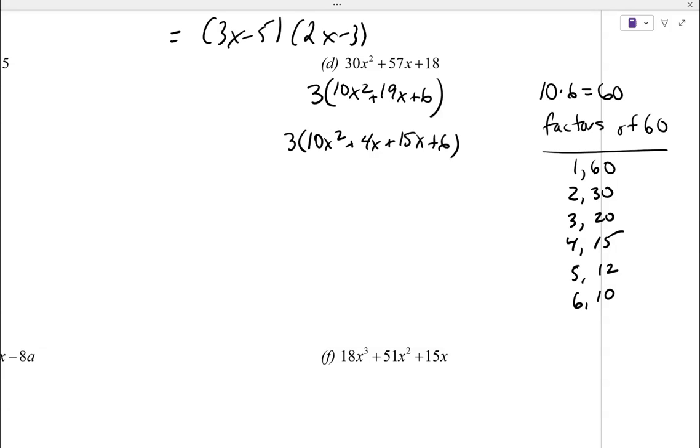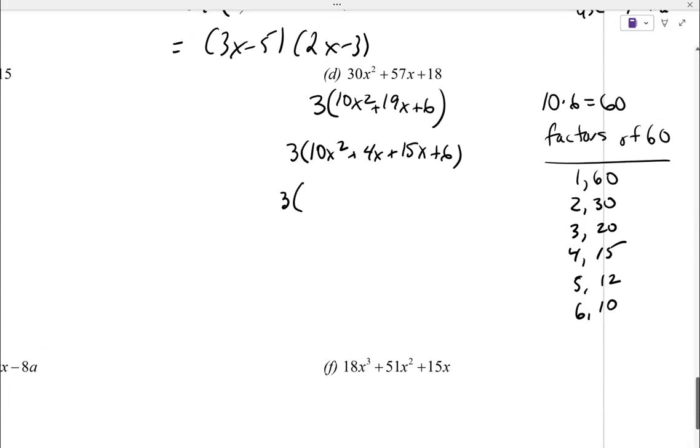And now we do the factor by grouping bit. Looking at the first two terms, what can you factor out? A 2 and an x. Factor out 2x, you're left with 5x plus 2. Good.